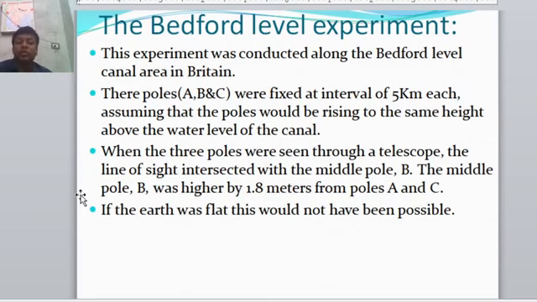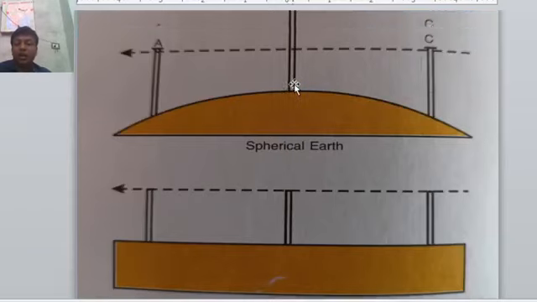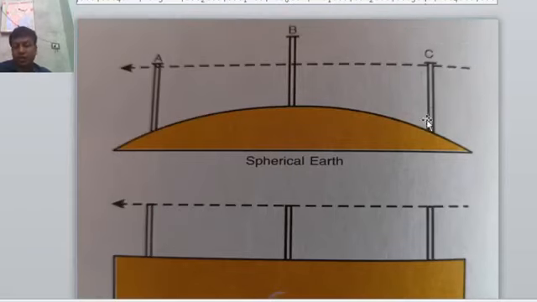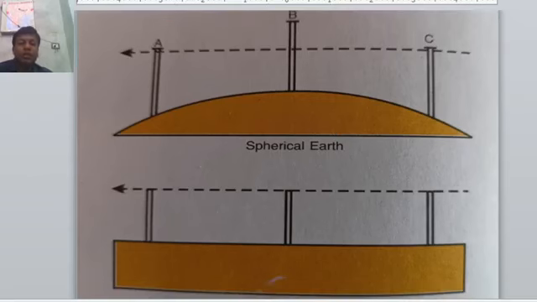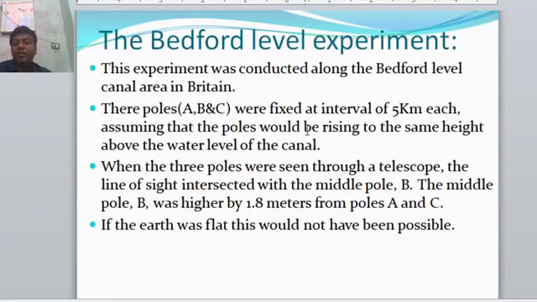There are three poles, A, B, and C. Three poles were fixed at an interval of 5 km each, assuming that the poles would be rising to the same height above the water level of the canal.